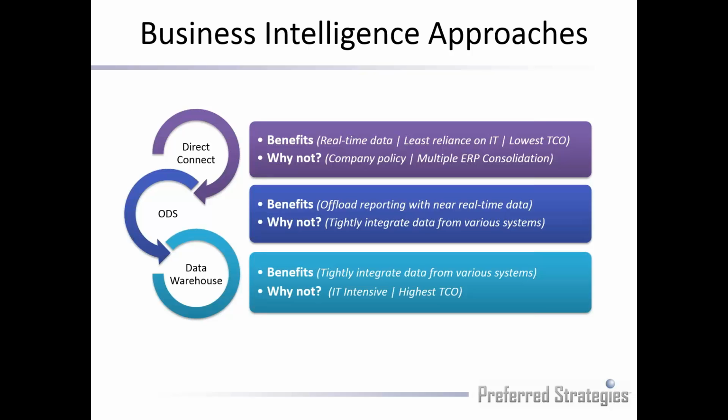But we have two data warehouse builds: one that populates an ODS and then a final target warehouse, or we can skip an ODS in some cases and go straight from the transaction system to a full data warehouse. So one of the benefits of the data warehouse is you're going through a whole other level of effort at the transformation layer to restructure the data. And there's a few different approaches to data warehousing.